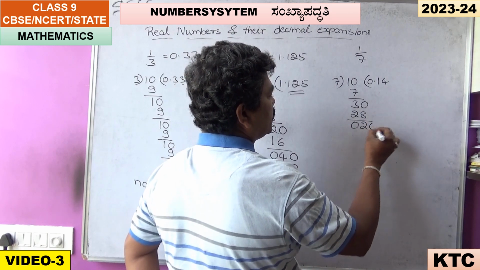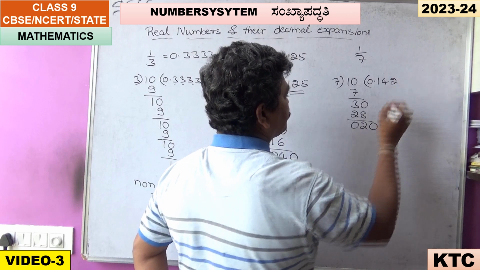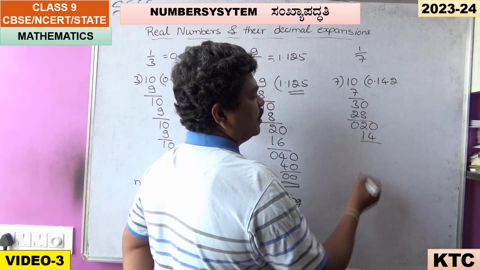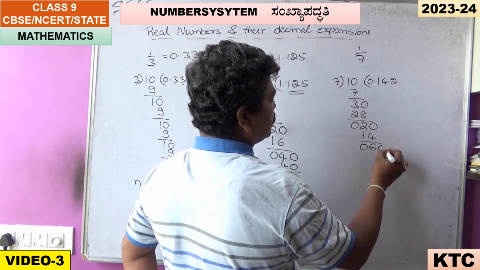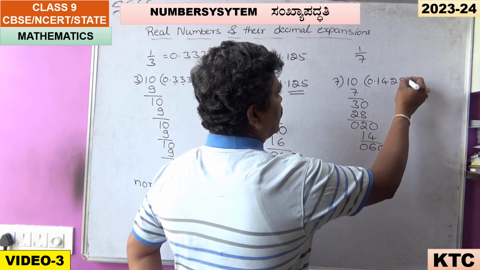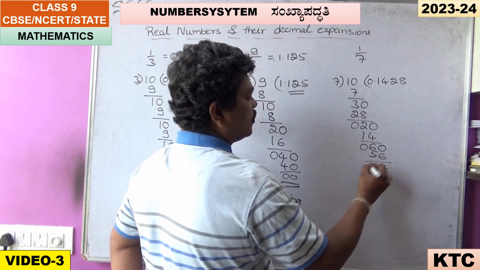Then put a 0. 7 2s are 14, so you get 6. Then put a 0. 7 8s are 56, then it becomes 4.